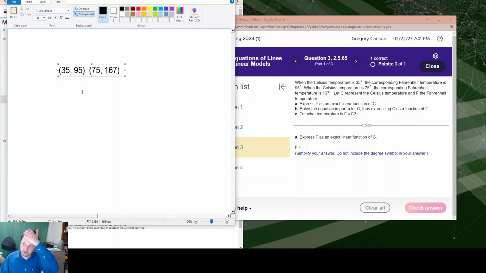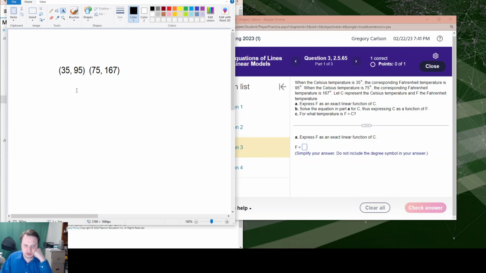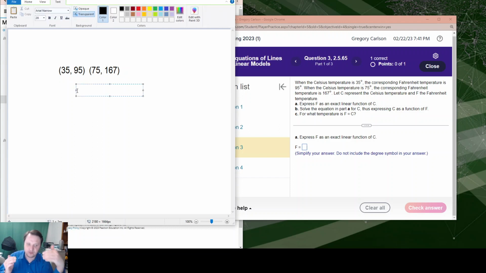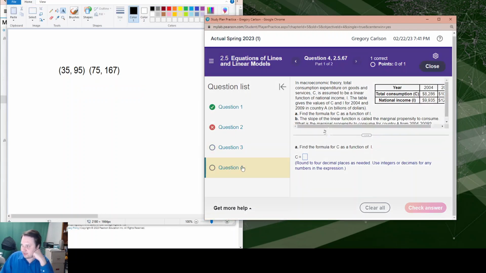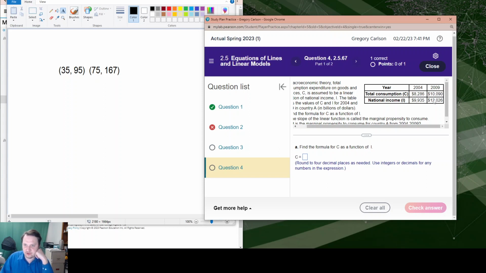So there is your 2 points, and from there you can use the slope equation and the point slope equation like the first example that we did to find the equation. Okay? And same thing on this last example. It's just here is 2 values for x1 and y1, and here's x2 and y2. And from there you should be able to find the equation using the slope formula and then the intercept formula.